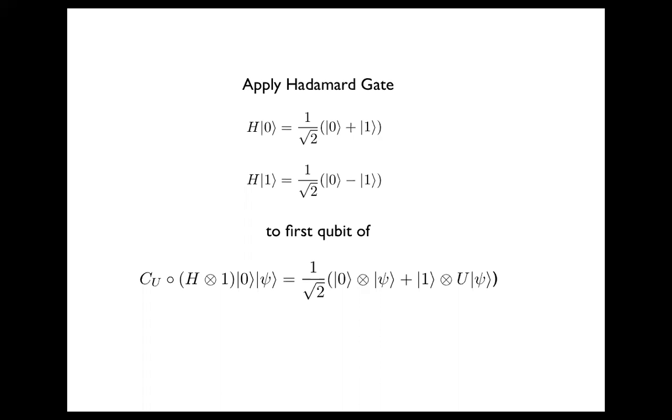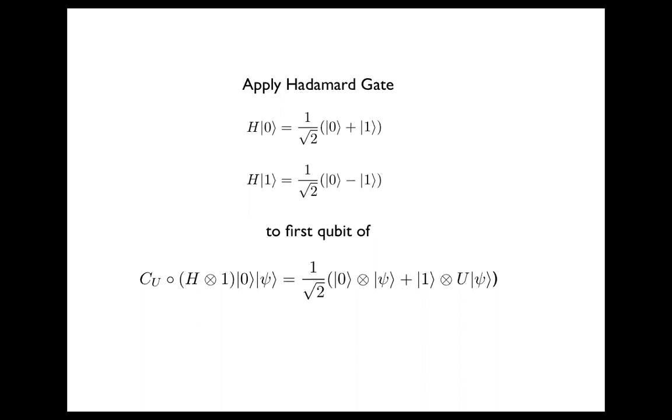I'm going to do the controlled U to H tensor 1. H tensor 1 applied to 0 gives me the linear combination of 0 and 1 over the square root of 2. And then I'm going to apply the controlled U. So in the 0 part, I applied the identity to psi, and in the 1 part, I applied the U to psi, and there it is. That's the application of the controlled U.